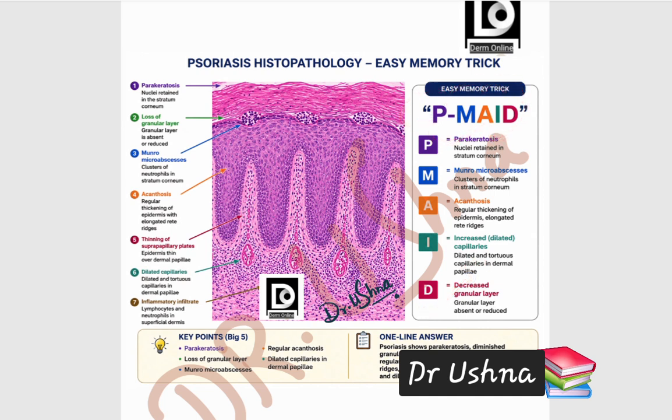And if you correlate to the histological slide, parakeratosis retained nuclei, loss of granular layer, Munro microabscesses. This is all acanthosis, which is enlargement of the spinosum layer. Regular acanthosis, these are club-shaped rete, and you have prominent dilated capillaries. So all the things you can have in psoriasis histology have been covered in this video.